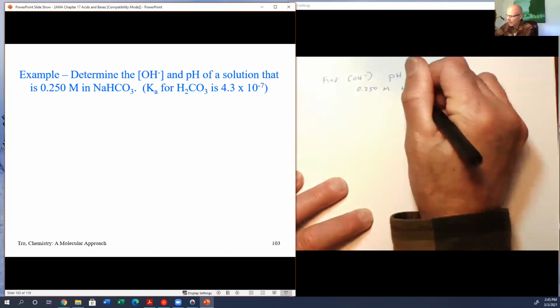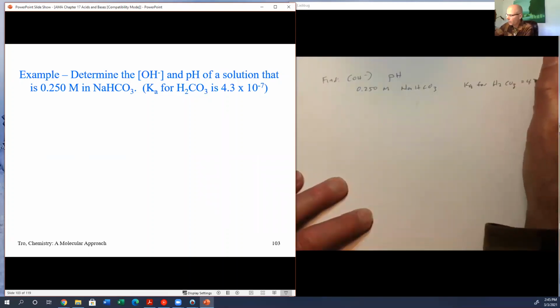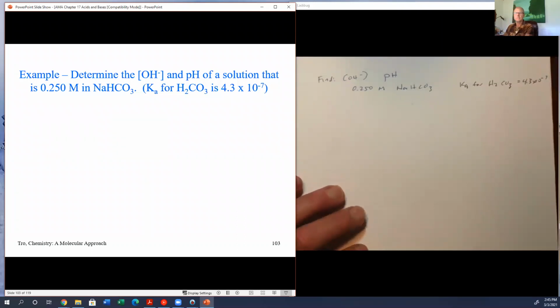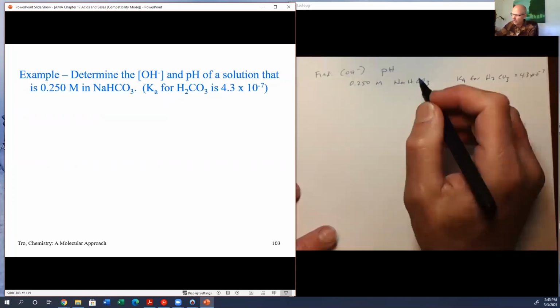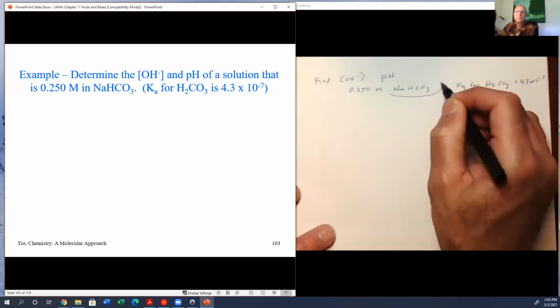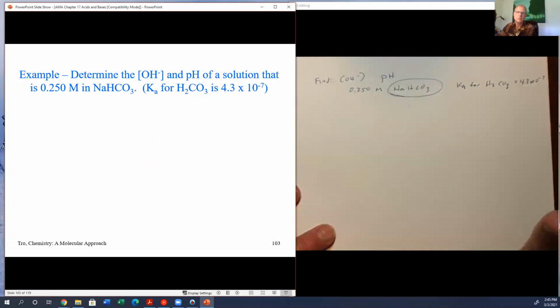And notice that they give me Ka for H2CO3, which is 4.3 times 10 to the minus 7. So the first thing we have to do is say, aha, they're asking me to find the pH of an ionic compound. So what am I dealing with here? Is it a weak acid? Is it a weak base? Is it pH neutral? That's the first question you have to ask yourself.